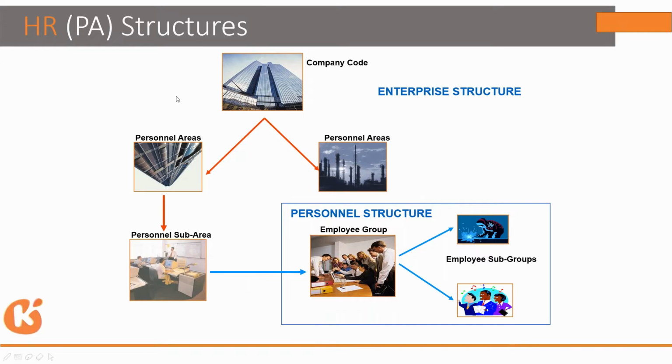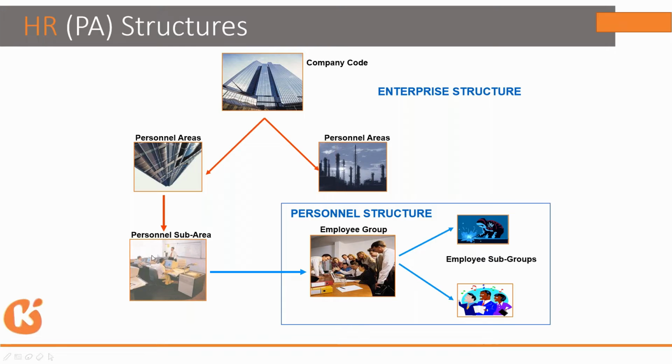Now this is another structure which you can see. This is a company, right? And the company code is where the company will be drawing their profit and loss and balance sheet accounting, right? Personal area, again you can see there are two different personal areas coming. This is somewhere that you can feel it's a building, so you can see that it's a corporate office, and this is a personal area, this is a manufacturing office.